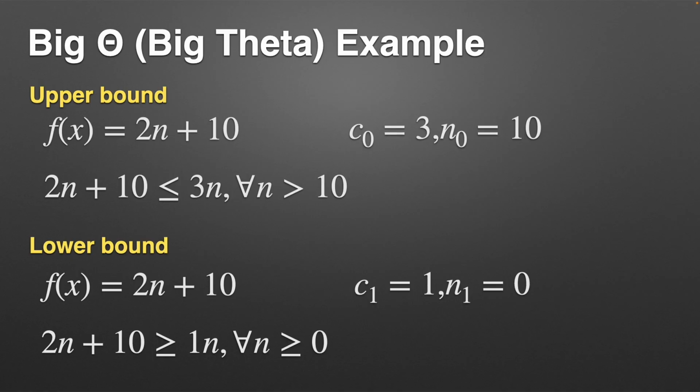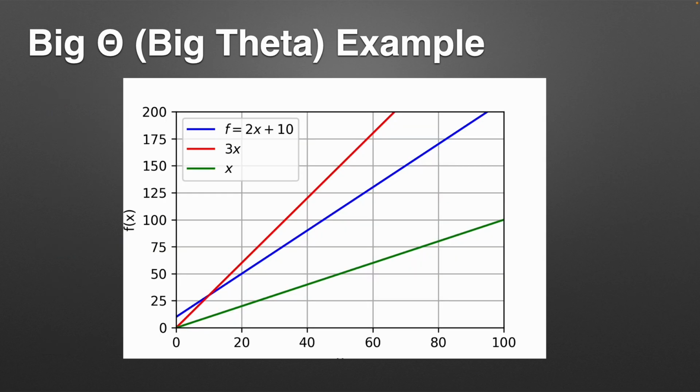If we choose constants differently, in this case 1 and 0, which we saw on this graph earlier, we can make the same function, n, stay below our function. And that's what we saw here. So our function, this middle one in blue, our upper bound, 3x, the lower bound, x. So big theta has us come from both directions at this.